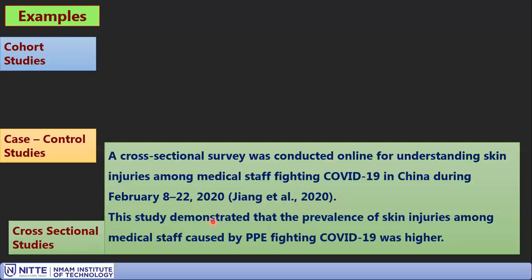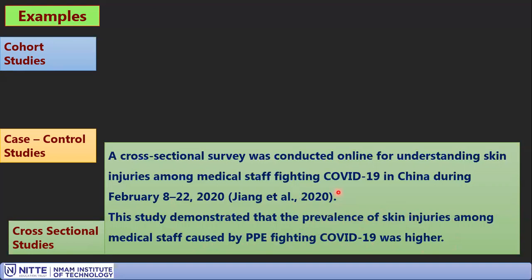It's a published paper. This study demonstrated that the prevalence of skin injuries among medical staff caused by PPE, personal protective equipment, while fighting COVID-19 was high. For the doctors who used PPE for the entire period of time, the skin injuries were very high.